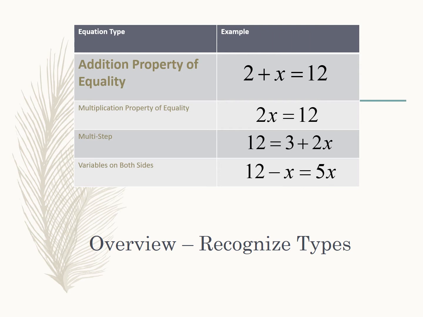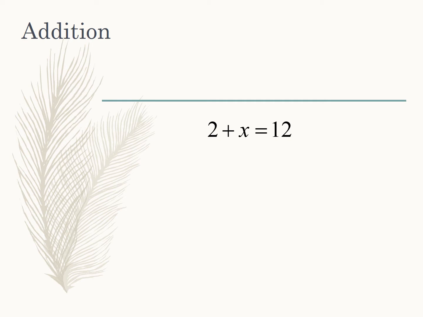Let's move forward and deal with the addition property of equality. We'll look at that very same example. 2 plus x is equal to 12. You may recall the method that we might use to solve this equation. Remember that solving an equation means finding the value of x.